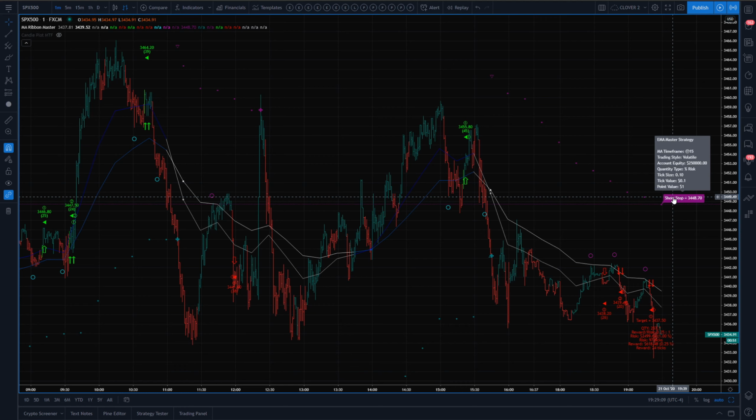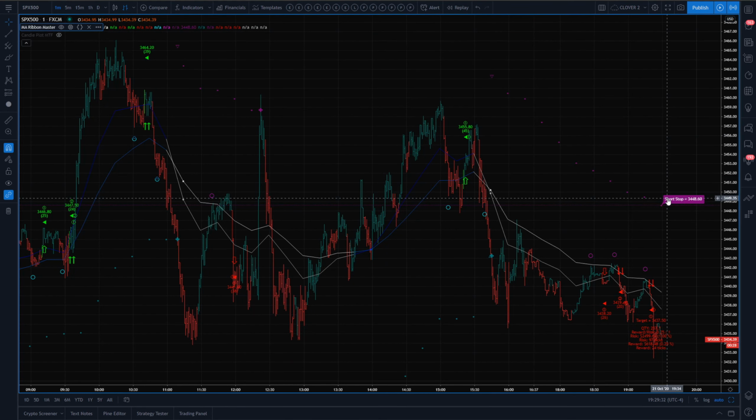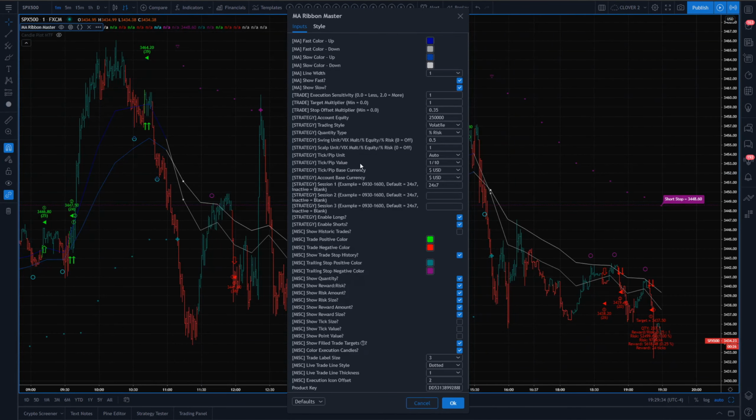If it moves down $1, I lose $1. But if I'm long or short 50 contracts of SPX 500, I will gain $50 or lose $50, thus satisfying this statement right here, that 50 FXCM S&P 500 contracts equals 1 E-mini S&P 500 future. And that's because I needed to offset the tick pip value to be 1/10.